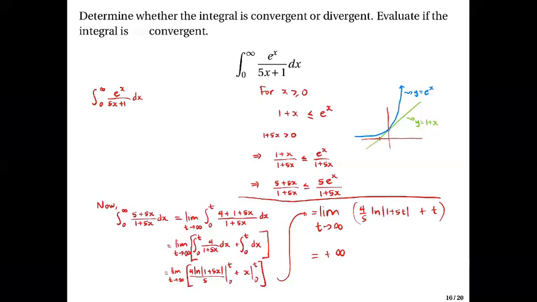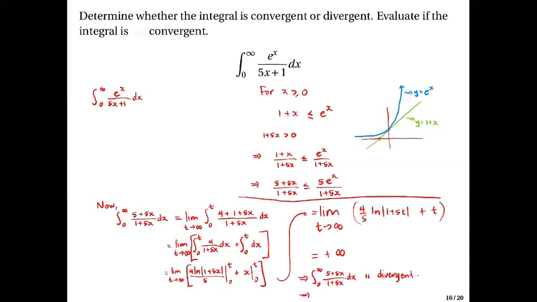Okay? So what does this mean? This means the integral from 0 to plus infinity of 5 plus 5x over 1 plus 5x dx is divergent. So the bigger expression will also be divergent.